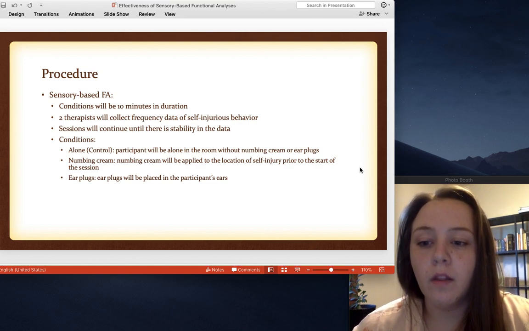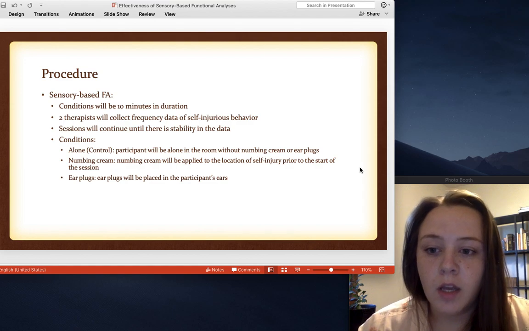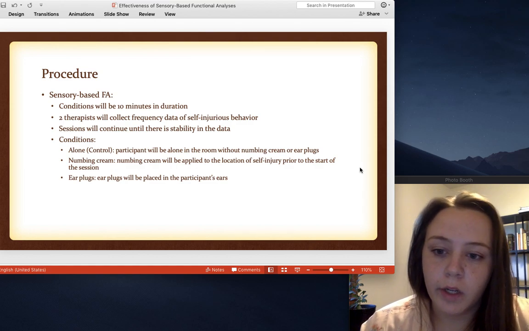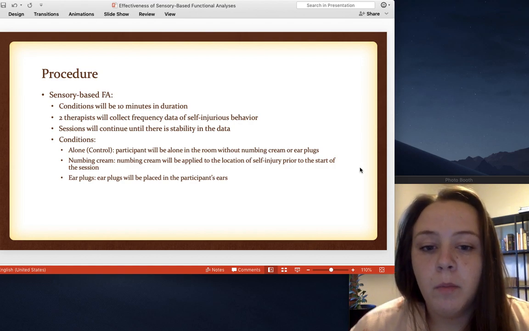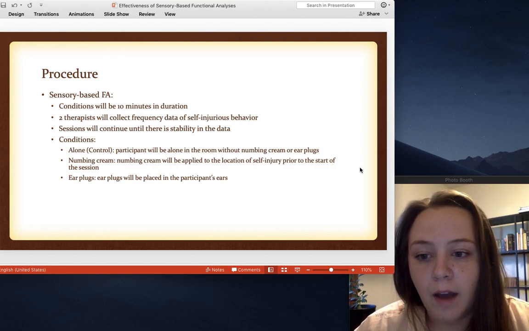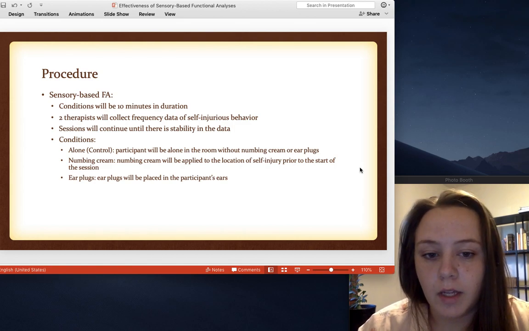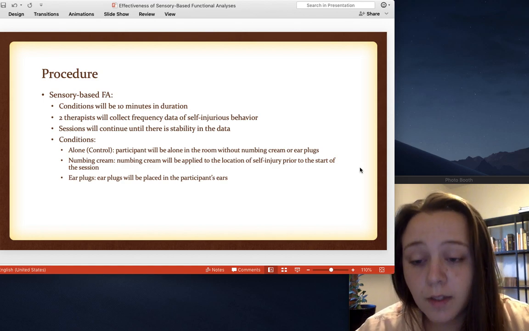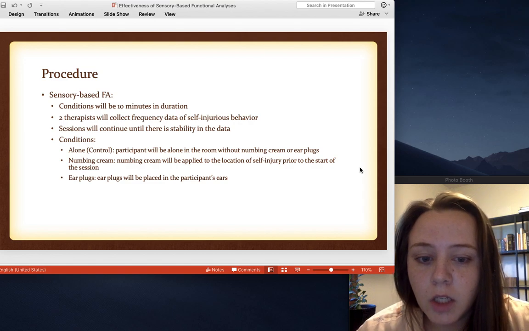And then for the conditions in the sensory-based FA, we'll have 3. The first one will be the alone or control condition. In this situation, the participant will be completely alone and they will not have either of those other 2 pieces for the next conditions, so they won't have any numbing cream on and they won't have any earplugs. In the second condition, the numbing cream will be applied to the location prior to the start.